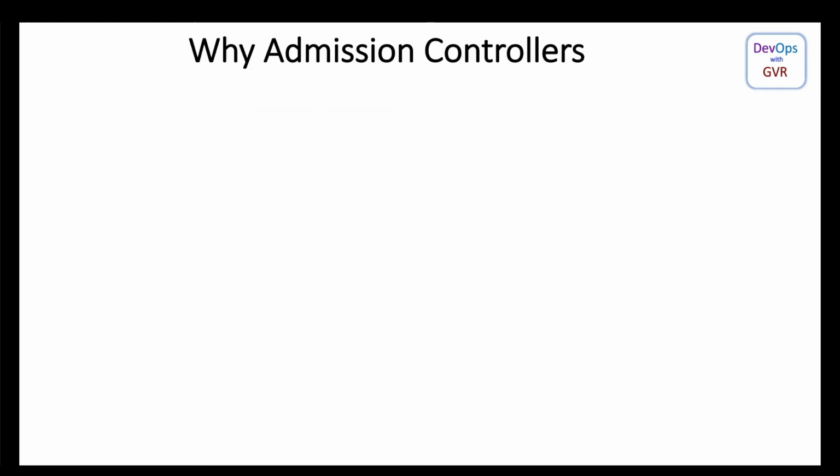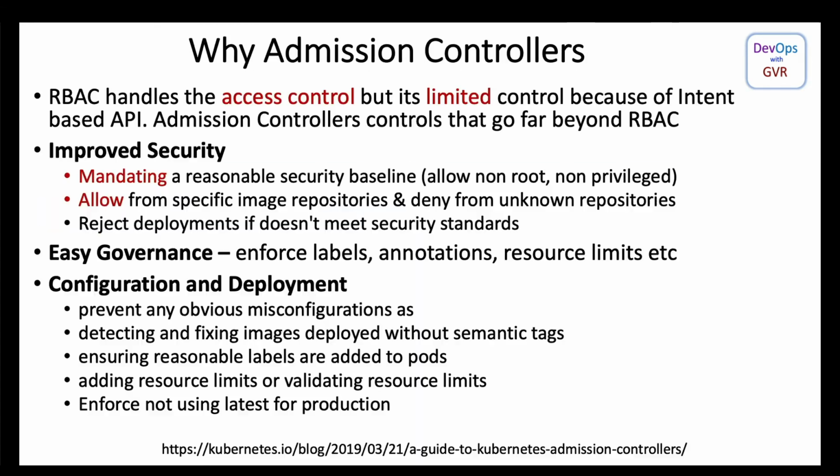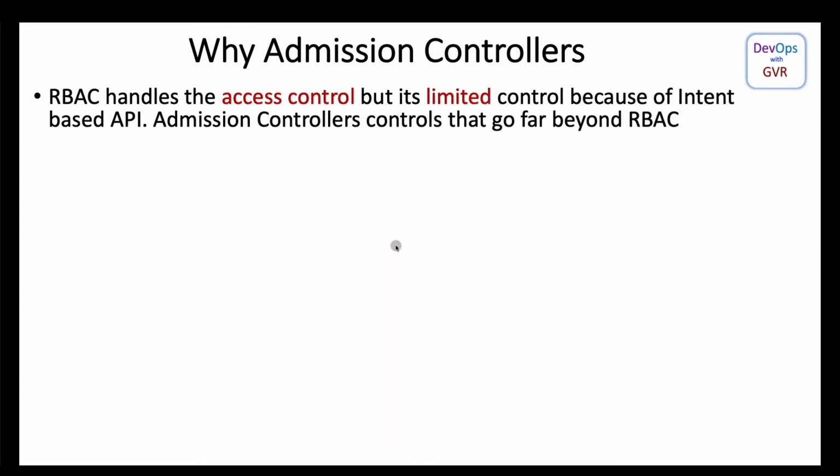Looking at the previous slide, if I specify that Betty can delete, I've given only the delete operation. I can give only the create operation, but I don't know what she is doing in the create. Maybe she can specify anything in the YAML because it's intent based, right? That's what admission controllers give you, far beyond RBAC.